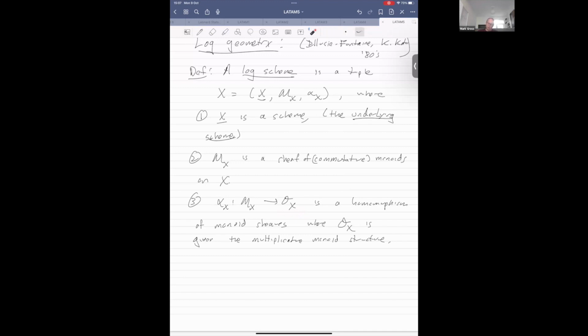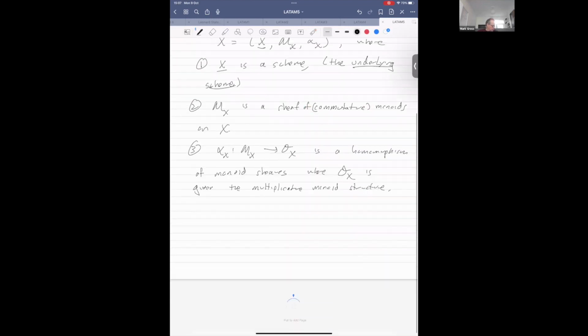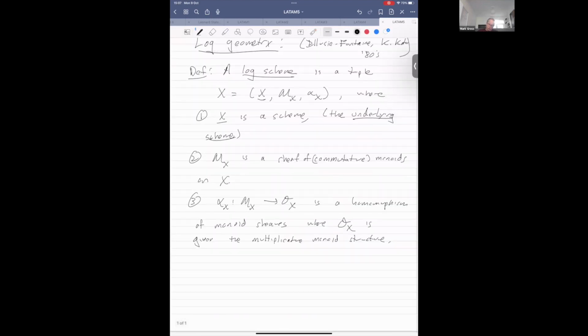And as usual, I will leave off the word commutative from now on. Okay, so we have one condition. So this data is called a pre-log scheme.